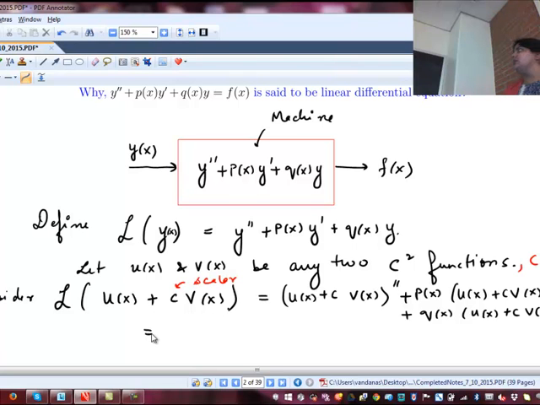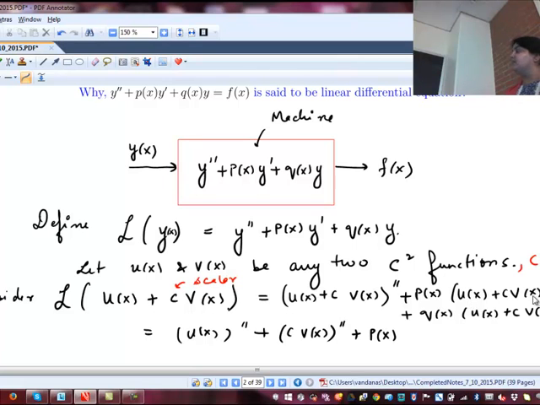You will differentiate each of them, right? And you will pull the c out. So if you're pulling the c out and differentiating each of them, I do this double derivative, plus c times v(x) double derivative, plus what will happen to this one now?